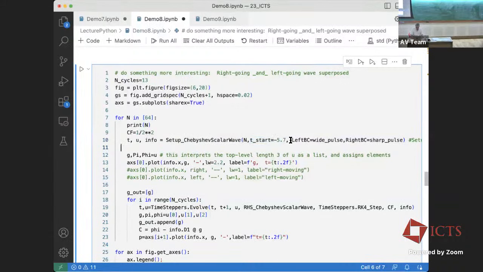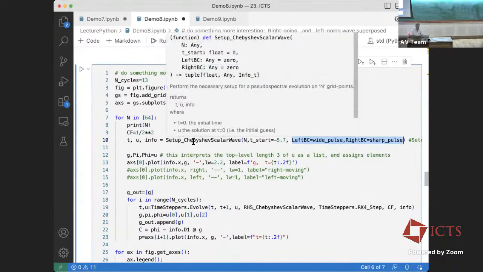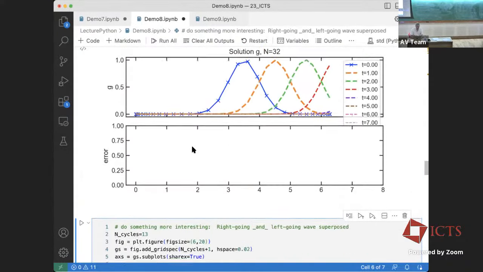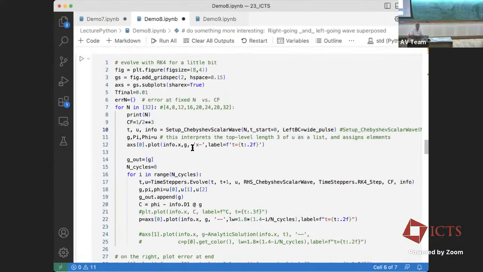And it takes a left boundary condition and a right boundary condition, which are some of my function objects from further up. But I don't see in here where it is choosing the initial conditions. So let's go into setup Chebyshev scalar wave and let me unconfuse myself here.